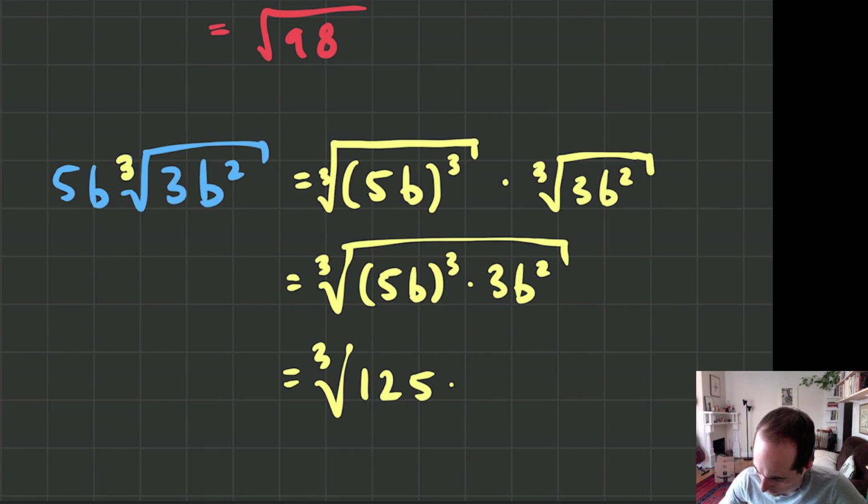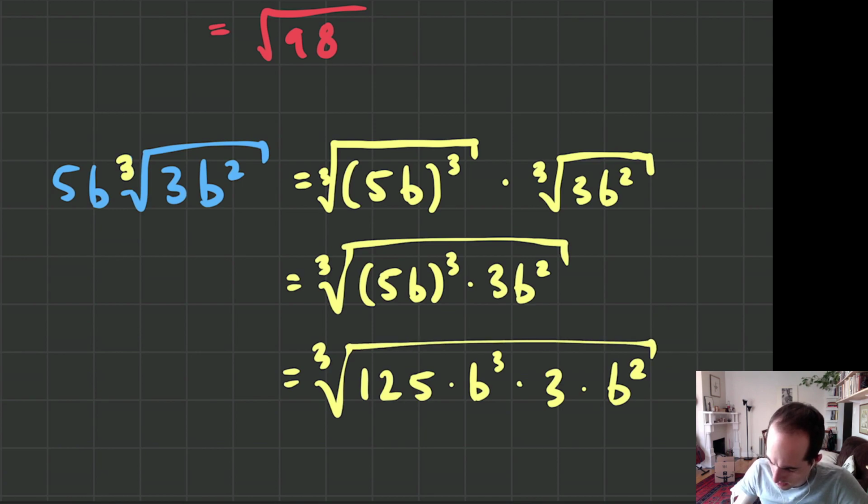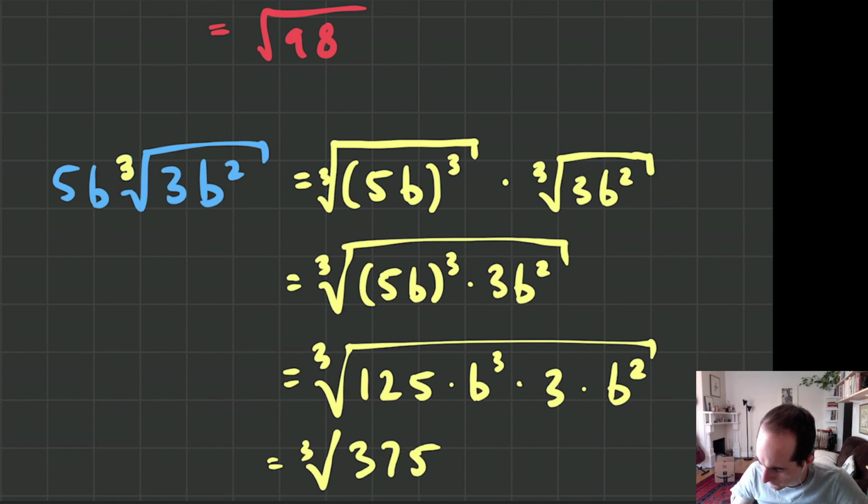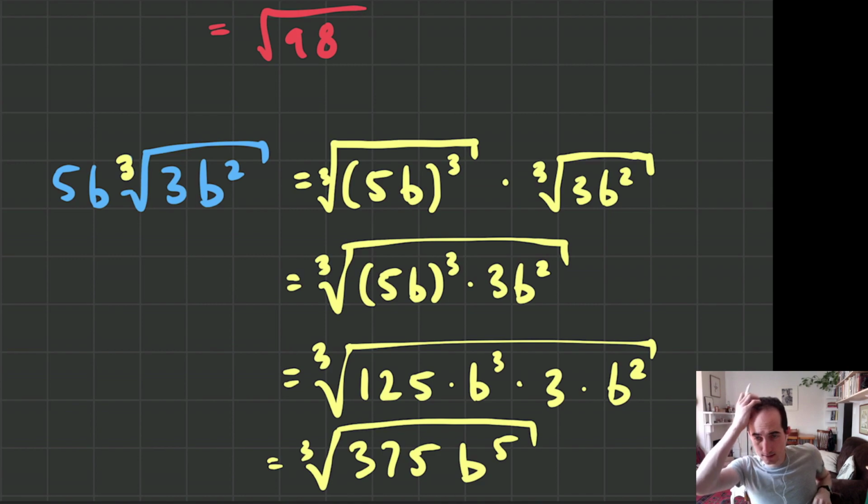I've got b to the power of 3, b cubed, times b squared. Okay, and all of this is equal to the cube root of, well, 125 times 3 is, I think, 375. And b to the power of 3 times b to the power of 2 is b to the power of 5. And that's that. So yeah, that's pretty much it.